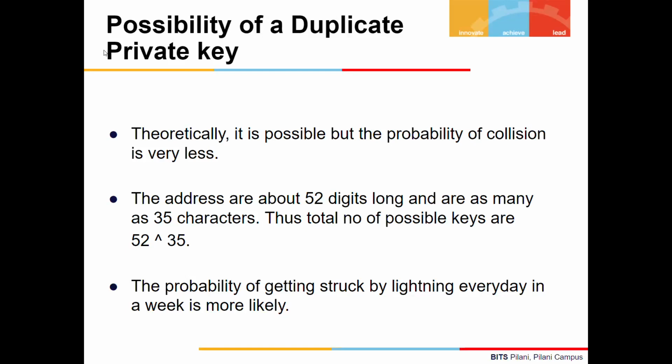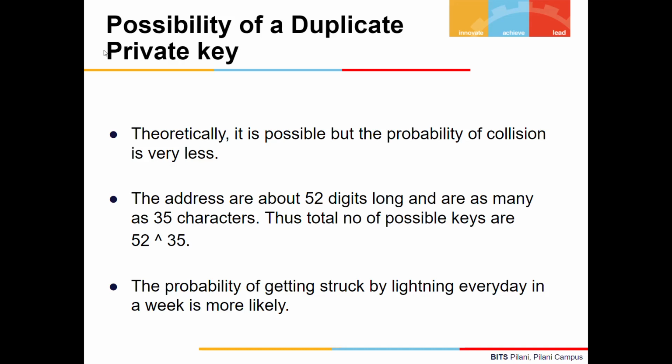Now, let's discuss the possibility of having the same private key for two wallets. Collision is theoretically possible, however, the possibility is neglected because in actuality the possibility of two or more private keys being the same is extremely low.